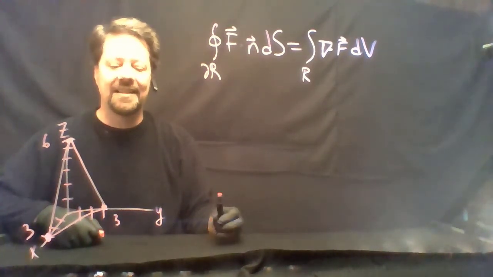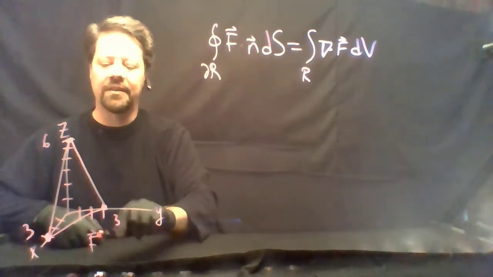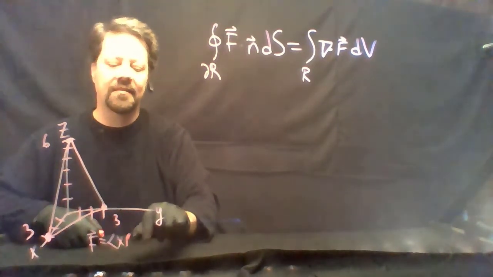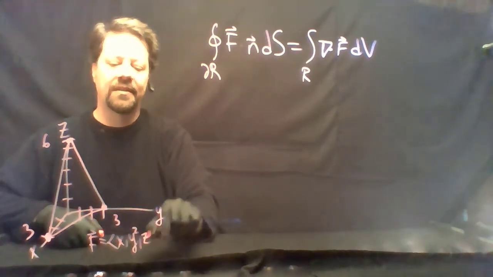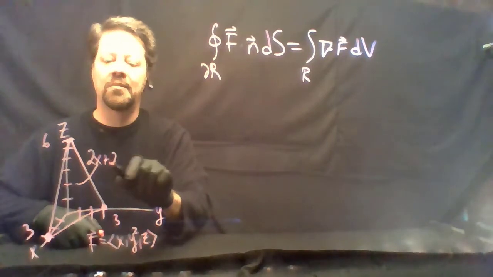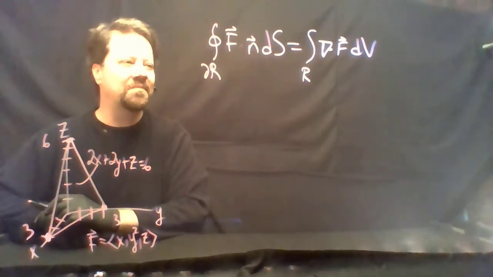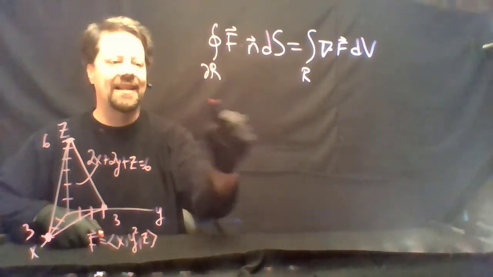It's often easiest to do the right-hand side first. Remember that our vector field was x, y squared, z, and this face was 2x plus 2y plus z equals 6. We'll do the right-hand side first.